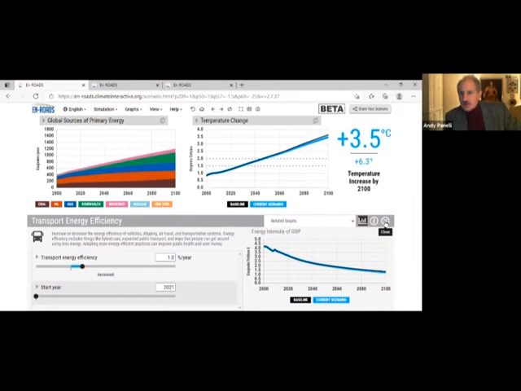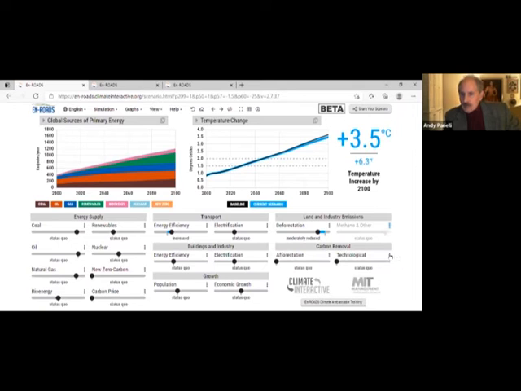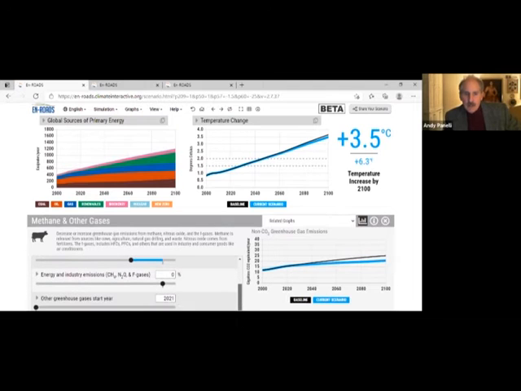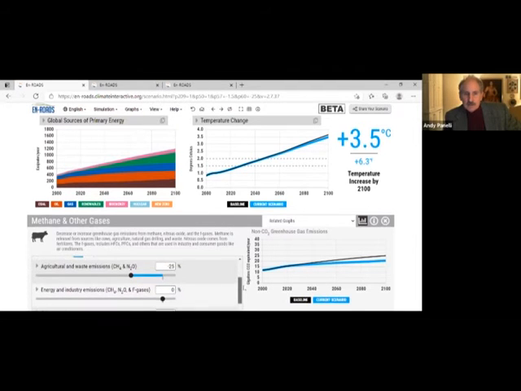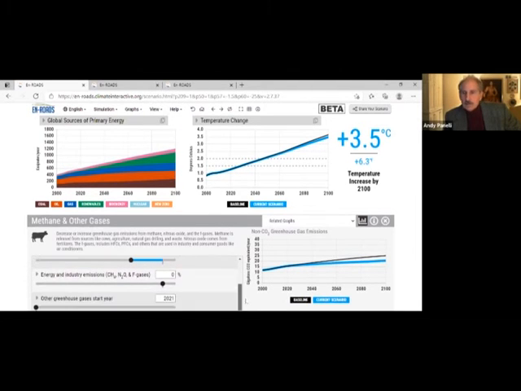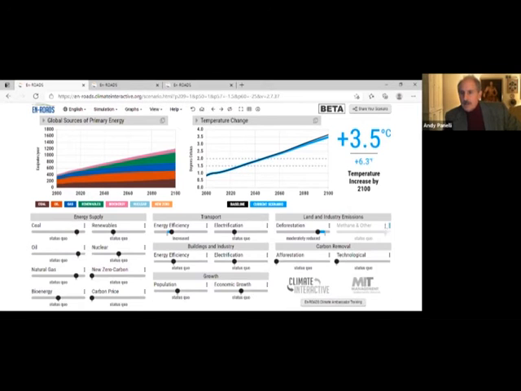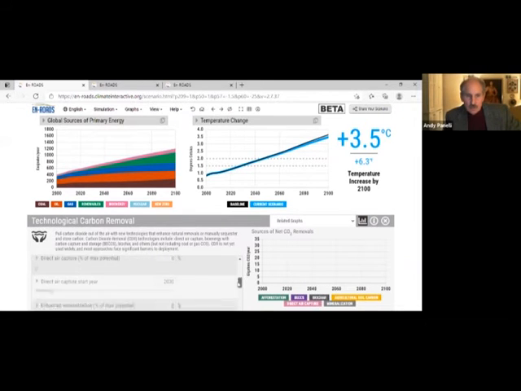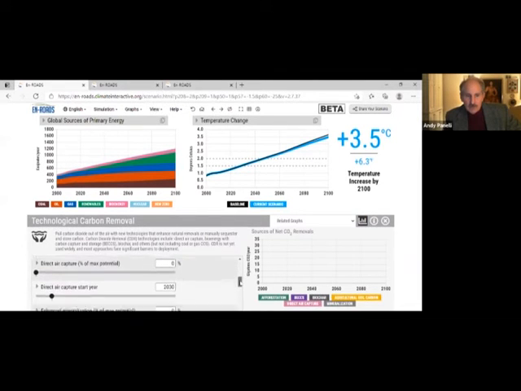And in addition to that, we're going to go down here. We're going to go back into, and let's see if we got. No, we got to go into another one for that. Hang on. We're going to go into carbon removal technologies, and we're going to make some changes to how we are managing our land from an agricultural standpoint.